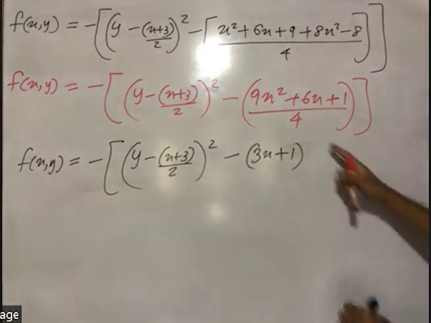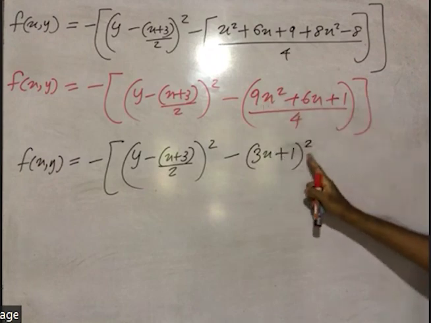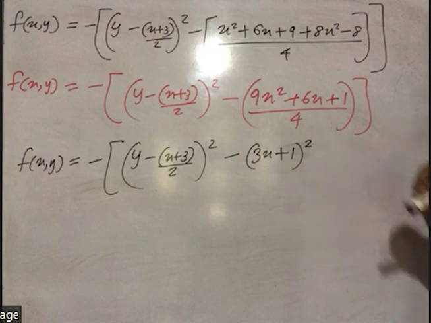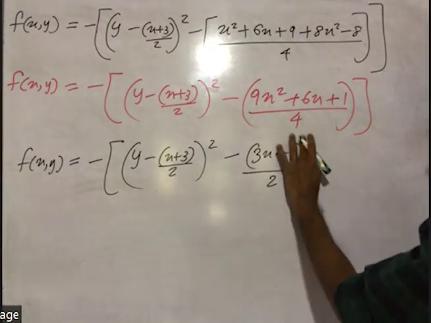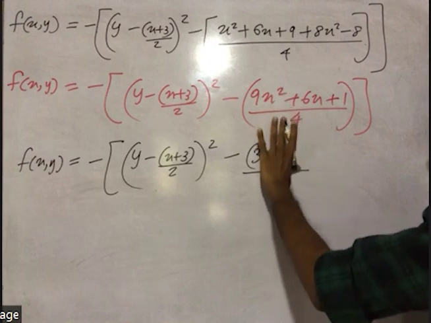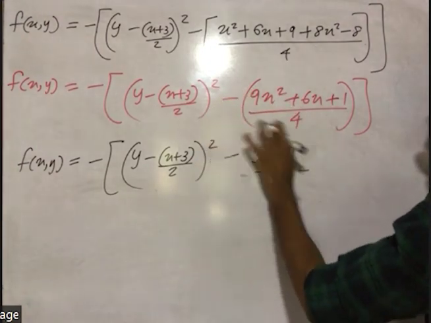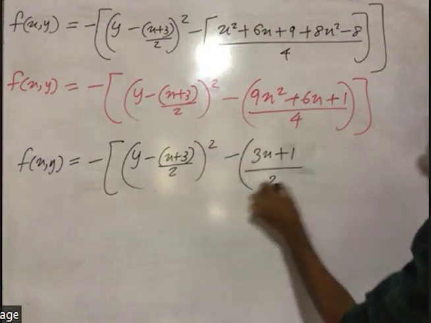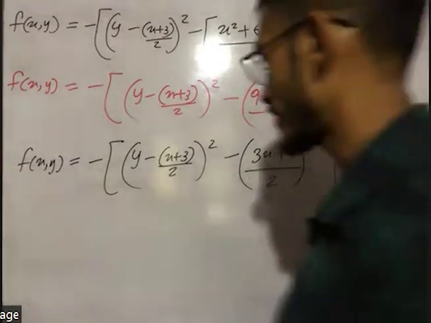If you take this square, (3x) squared means 9x squared, plus 2 into 3x into 1, that means 6x, plus 1 squared means 1. 4 we can write down as 2 squared. So we can write down this whole part as a complete square.